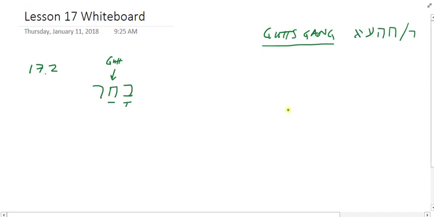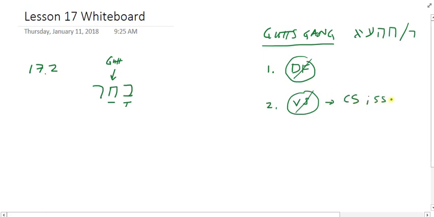And there were three characteristics of gutturals. The first one applies to all five of these. It's the dagesh forte rule, right? No dagesh forte. Number two, no vocal sheva. This applies to the real four. No vocal sheva, what do we put instead? Compound sheva.